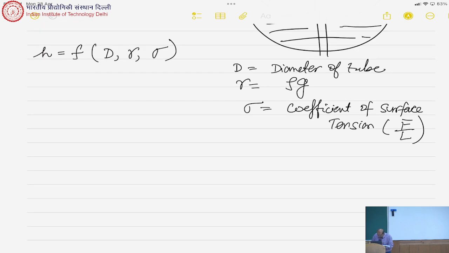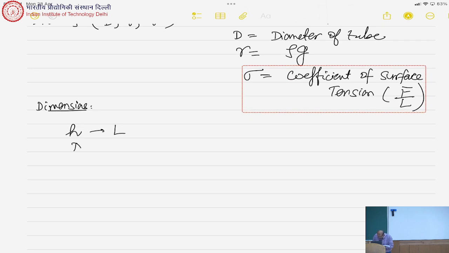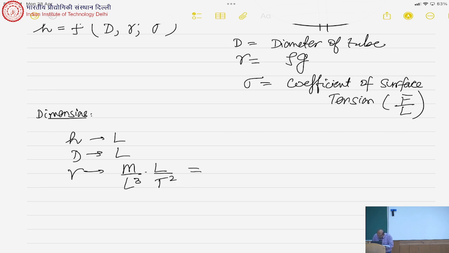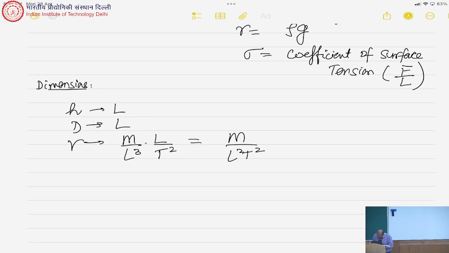So, if I express the dimensions, h is L, d is L, gamma is rho g, rho is M by L cube times g is L by T square. So, this is M divided by L square T square.